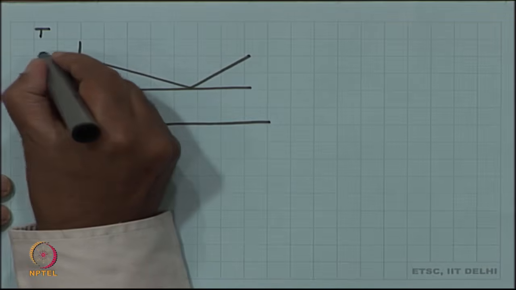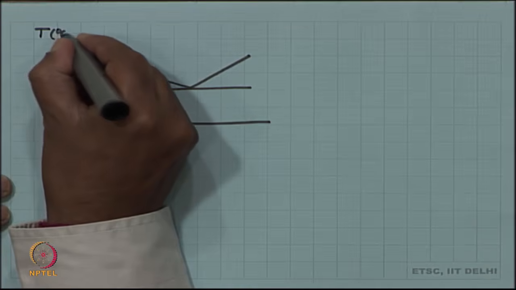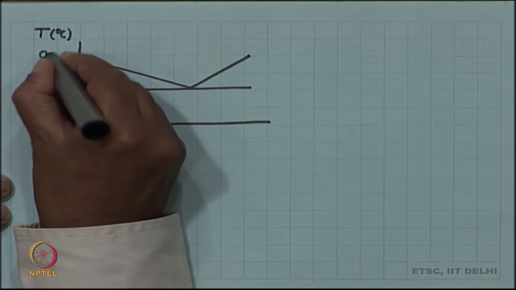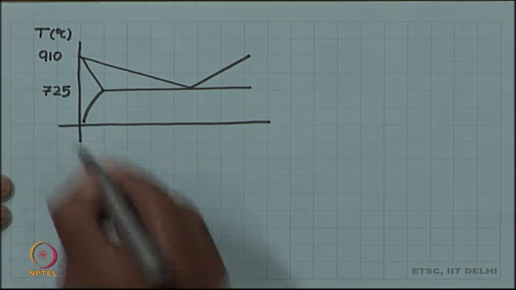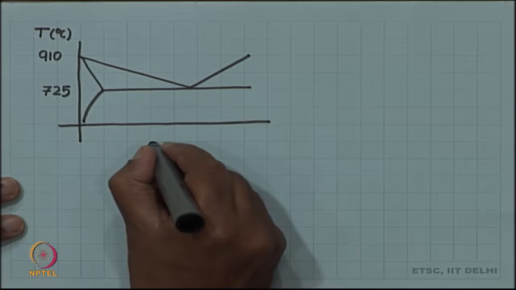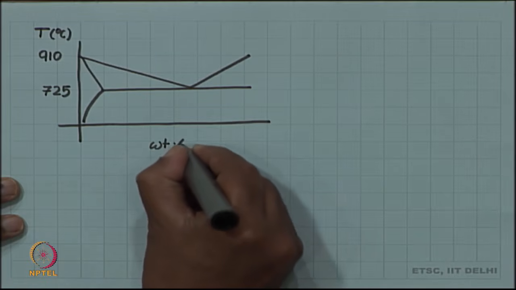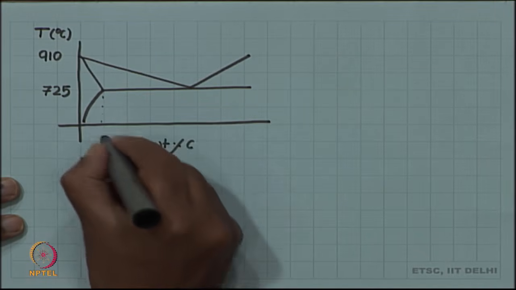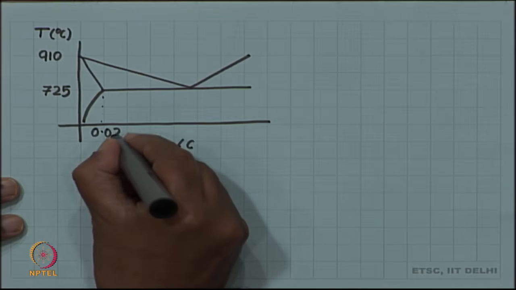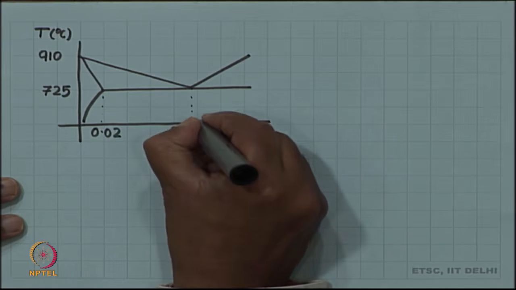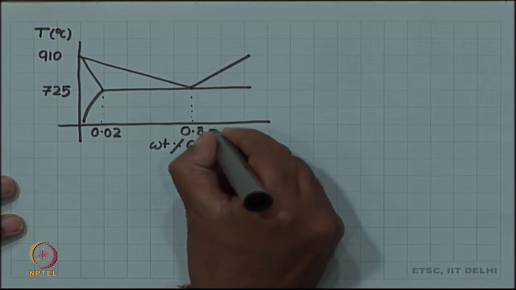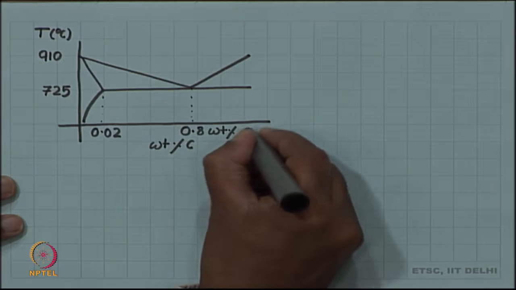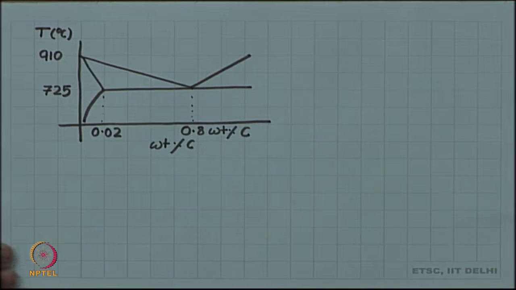The y axis is temperature axis. This is 910, this is 725, and the x axis is weight percent carbon. This is 0.02, very low carbon, and this is the so called eutectoid composition with 0.8 weight percent carbon. So, this was our iron carbon diagram.